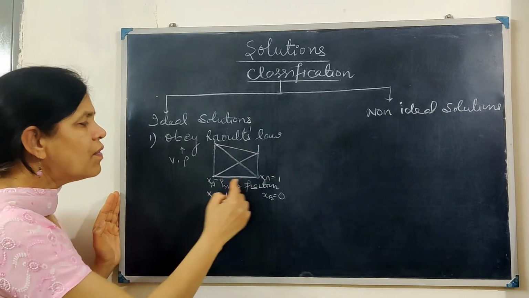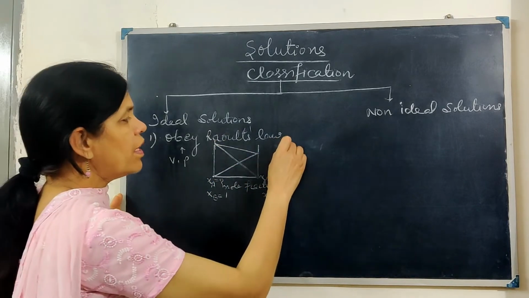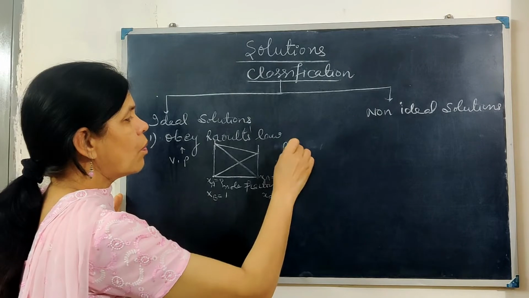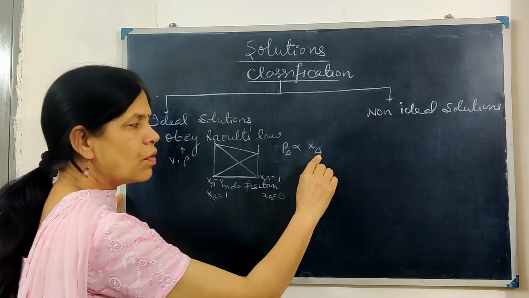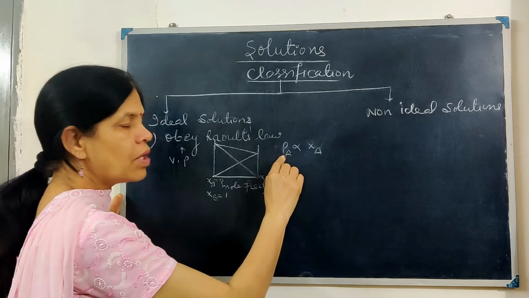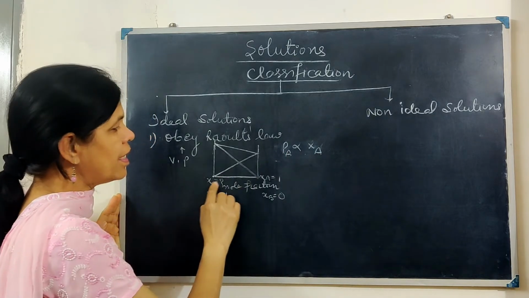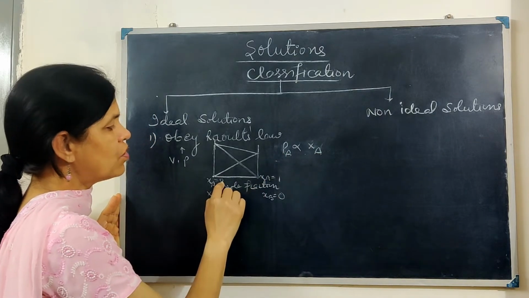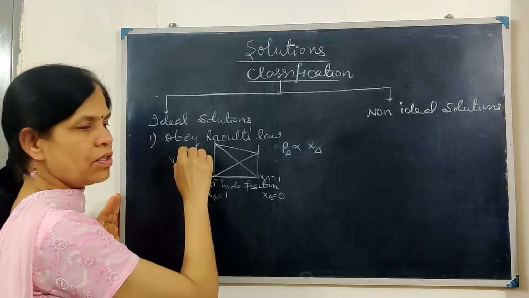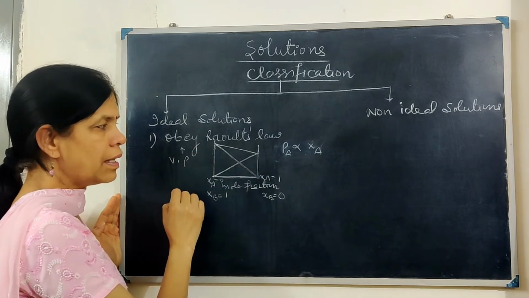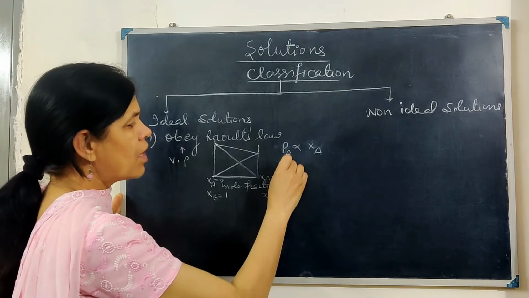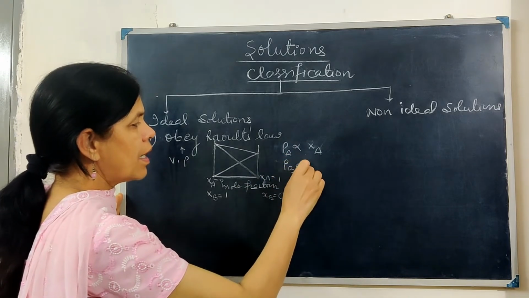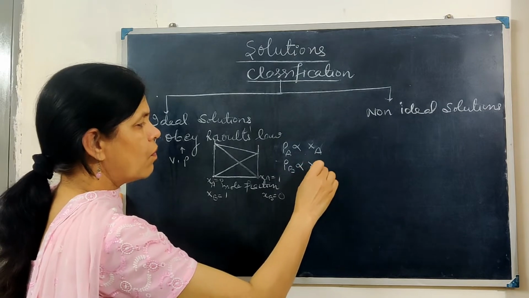So if the graph is something like this, we already know that the partial pressure of a component is directly proportional to its mole fraction. If the mole fraction of a component increases, the partial pressure also increases. The same is indicated here. If it changes from 0 to 1, then the partial vapor pressure also increases. Similarly, for B, the partial pressure of B is directly proportional to its mole fraction.